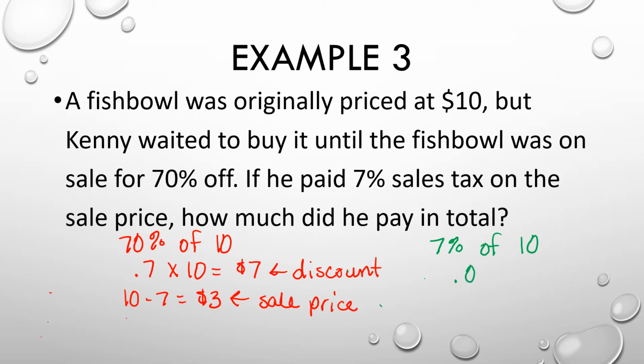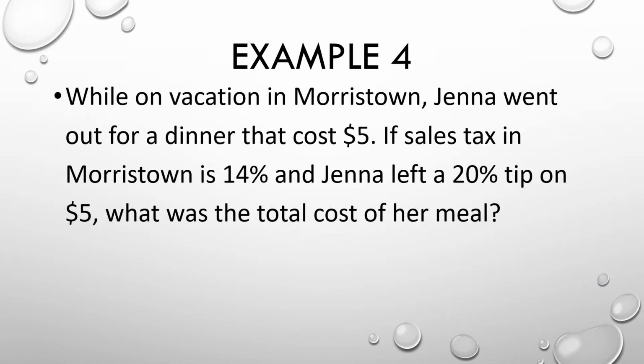Well, 0.07 multiplied by 3 would be 0.21, which again is our tax. So then we would have to add the $3 and the 21 cents for a total of $3.21, which is our total. Pause your video and try example 4.